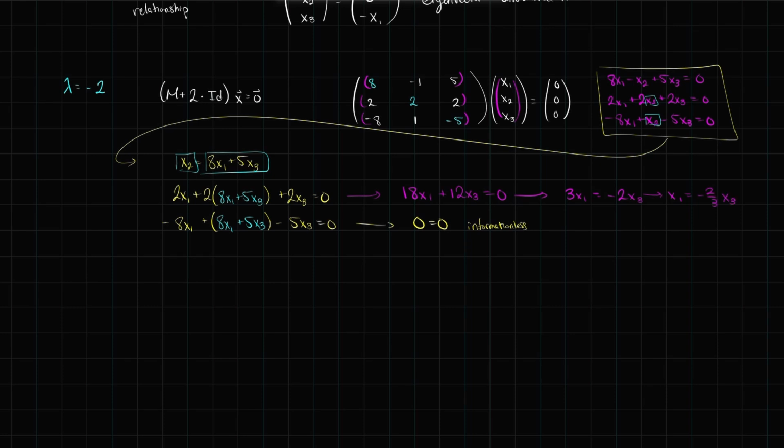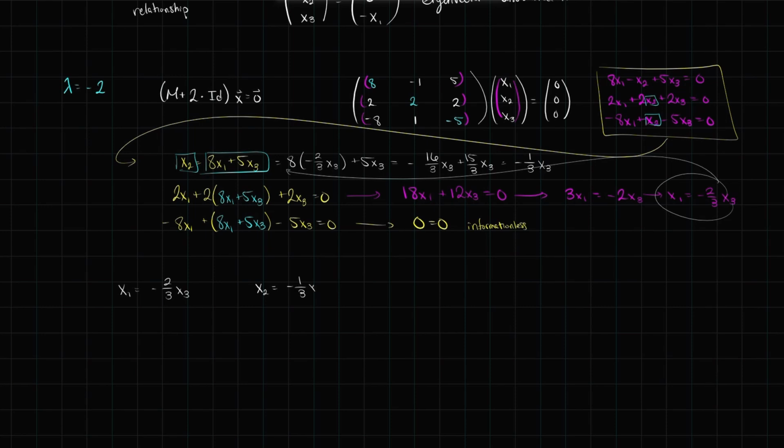Now that I have that relationship, I can use it up there to give me 8 copies of negative 2/3 x3 plus 5x3, which gives me negative 16/3 x3 plus 15/3 x3, or rather negative 1/3 x3 total. So I know that x1 is negative 2/3 x3, and x2 is negative 1/3 x3.